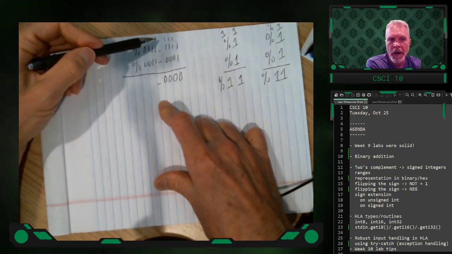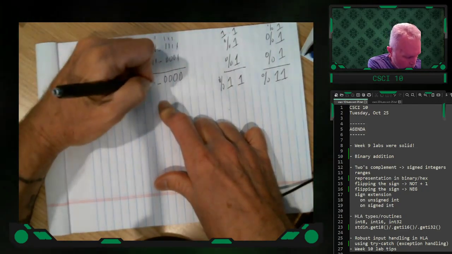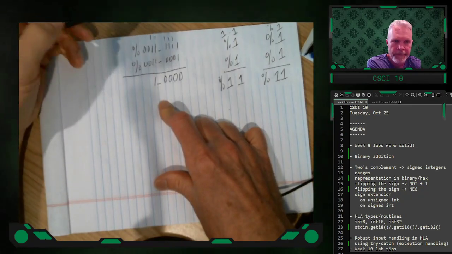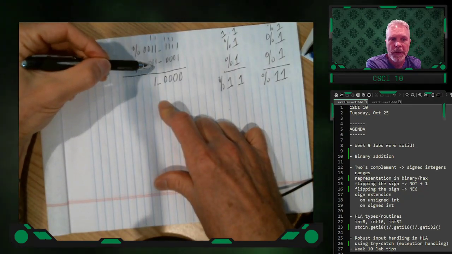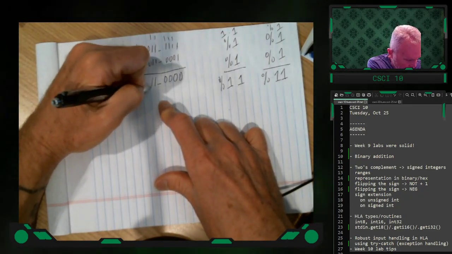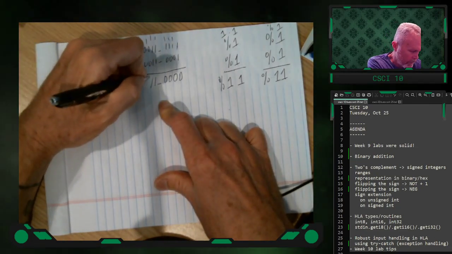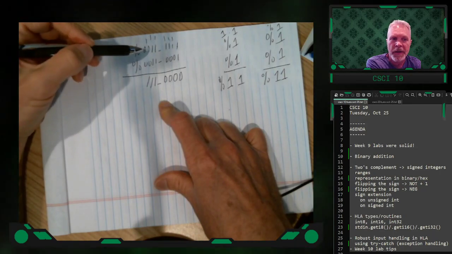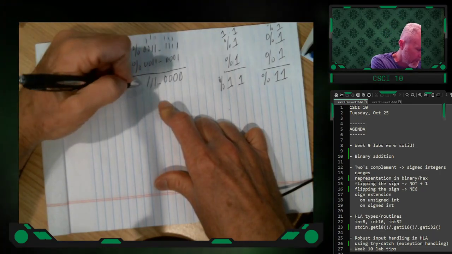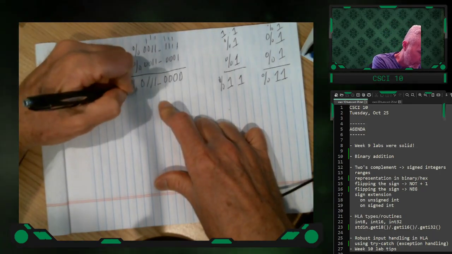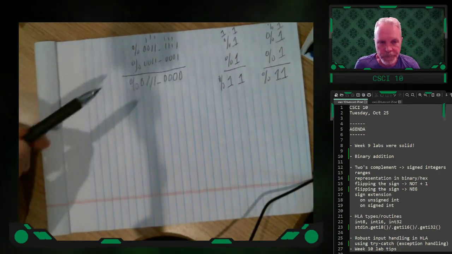So now we have 1 plus 1 plus 1 is 1, carry a 1. 1 plus 1 plus 1 is 1, carry a 1. 1 plus 0 is 1. And now we have no more carries bothering us, so now we're just back to 0 plus 0. So there is our answer.